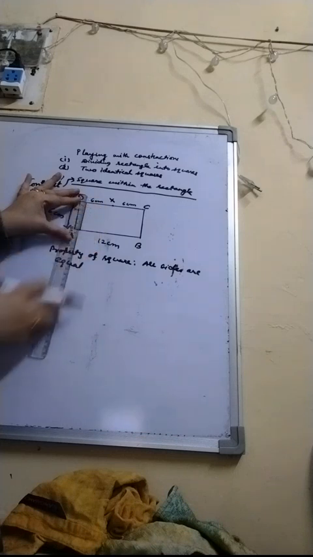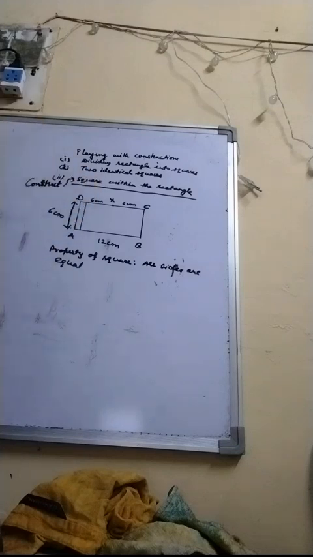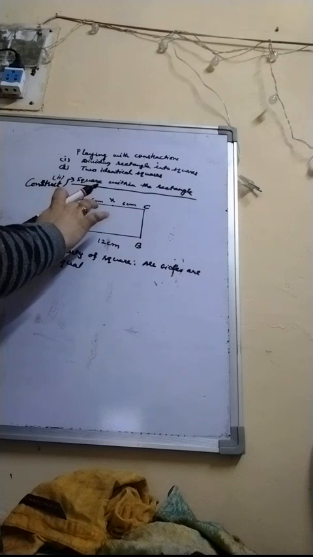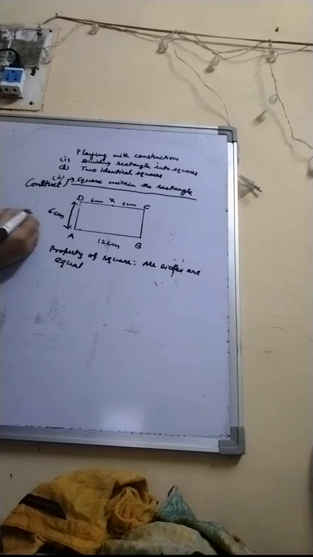So this is also 6 centimeter, equal to the breadth of the rectangle. This is already 6 centimeter that we get. What we want to get is the side of the square, which is also 6 centimeter. This line you require. This already is 6 centimeter, so no need to concentrate on this part. You have to get an arc done in such a way that this length becomes 6 centimeters.